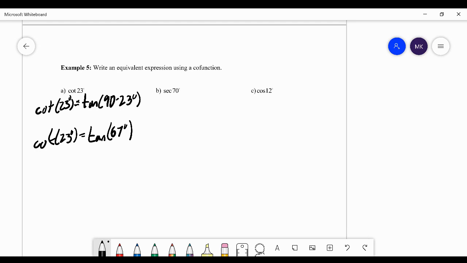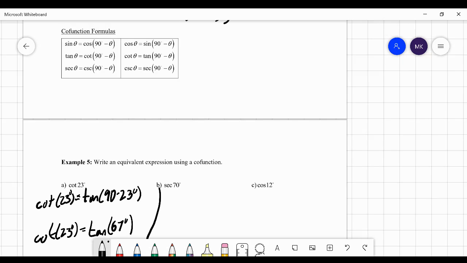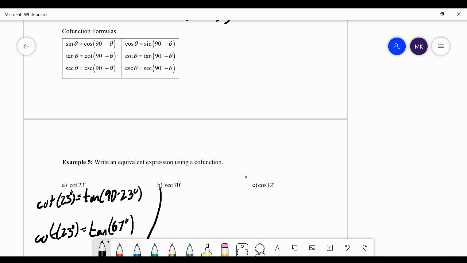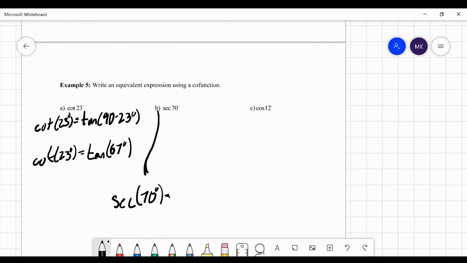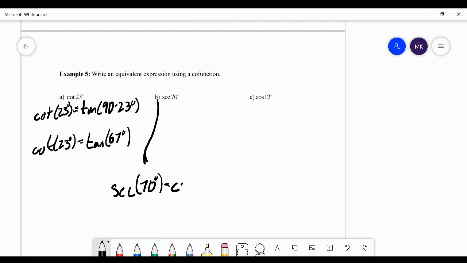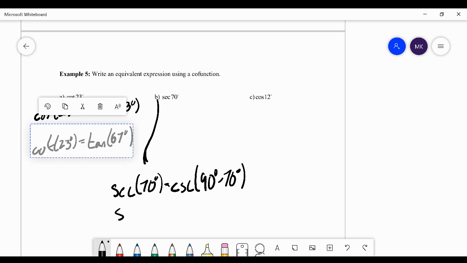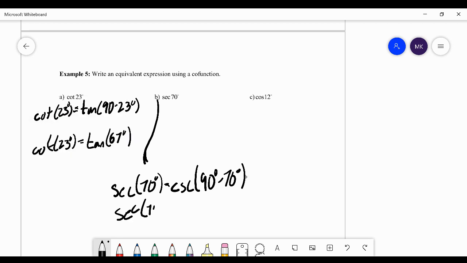Good job, welcome back. So secant of 70 degrees is equal to, if we look up here, where's secant? Secant theta is cosecant of 90 minus theta. So that is equal to cosecant of 90 degrees minus 70 degrees. So secant of 70 degrees is equal to cosecant of 20 degrees.